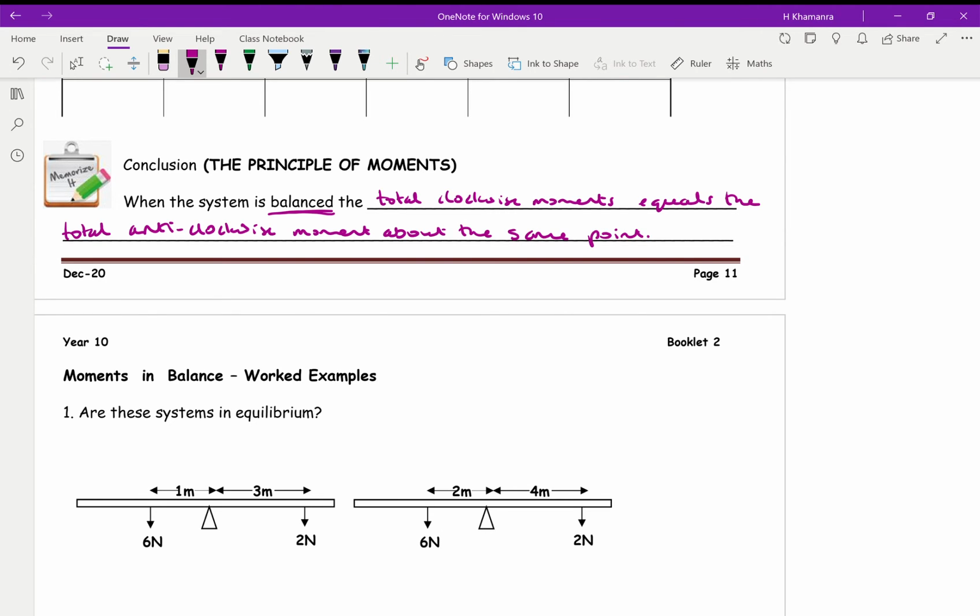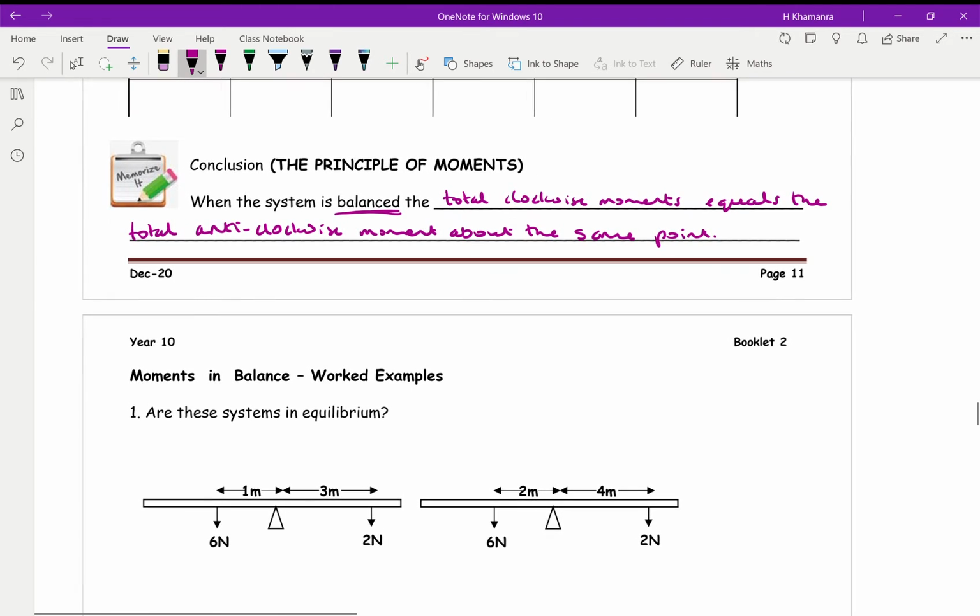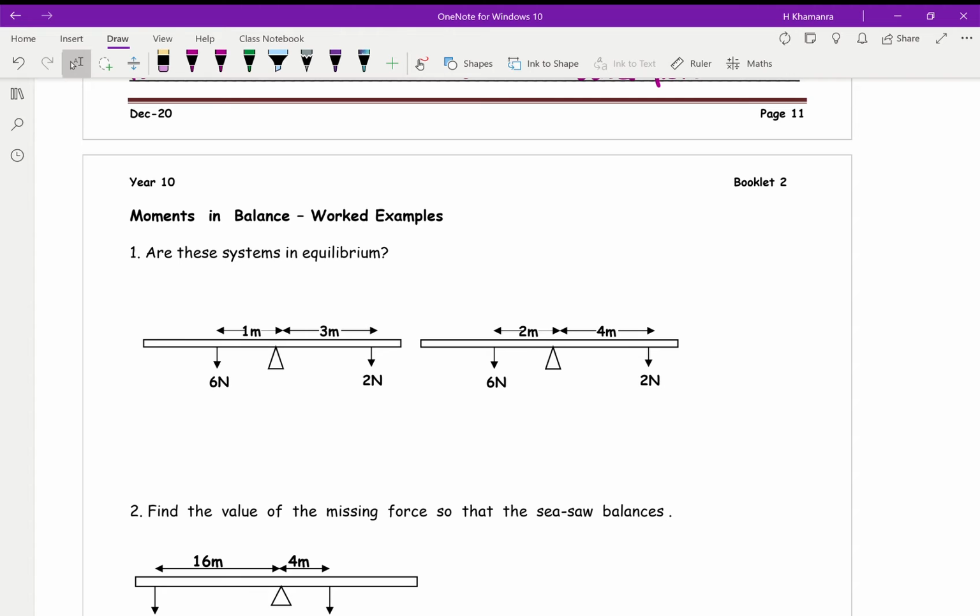So if a question tells us that the system is balanced or in equilibrium, let's write down some keywords: balanced, equilibrium. Whenever a system is balanced or in equilibrium, then it's not moving.